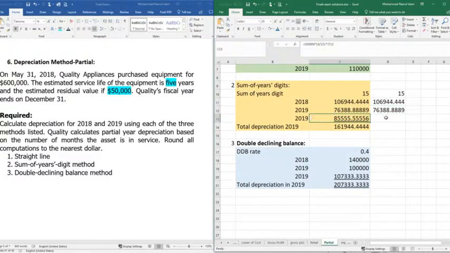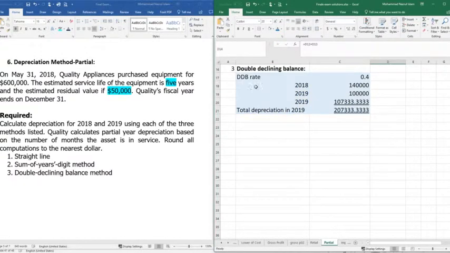And for the remaining 7 months of 2019, how do we do that? 550,000 multiplied by 4 over 15, since 1 year has passed, multiplied by 7 over 12. Can you see that? This is the total depreciation of 2019: this one plus this one.